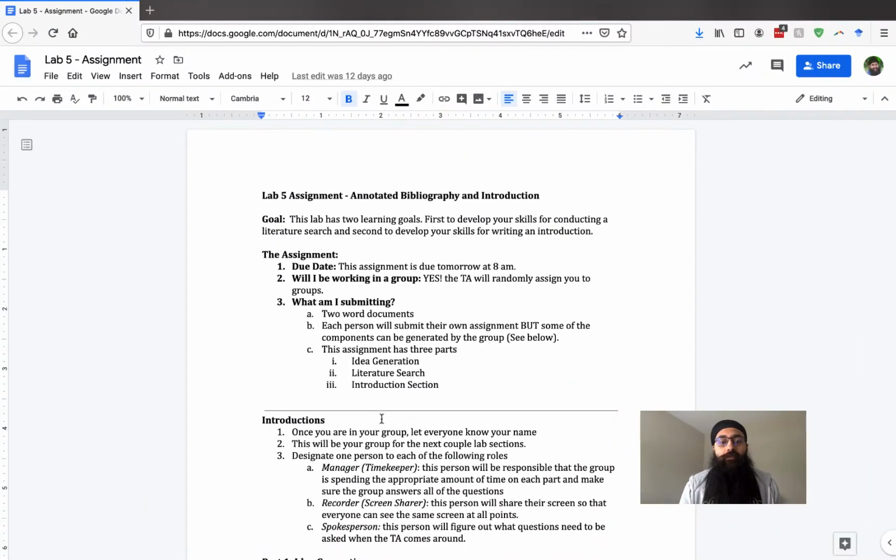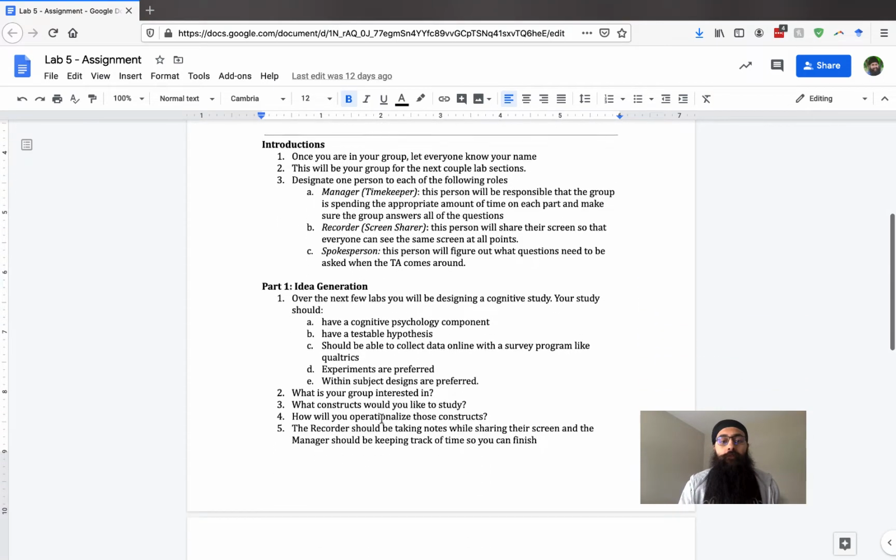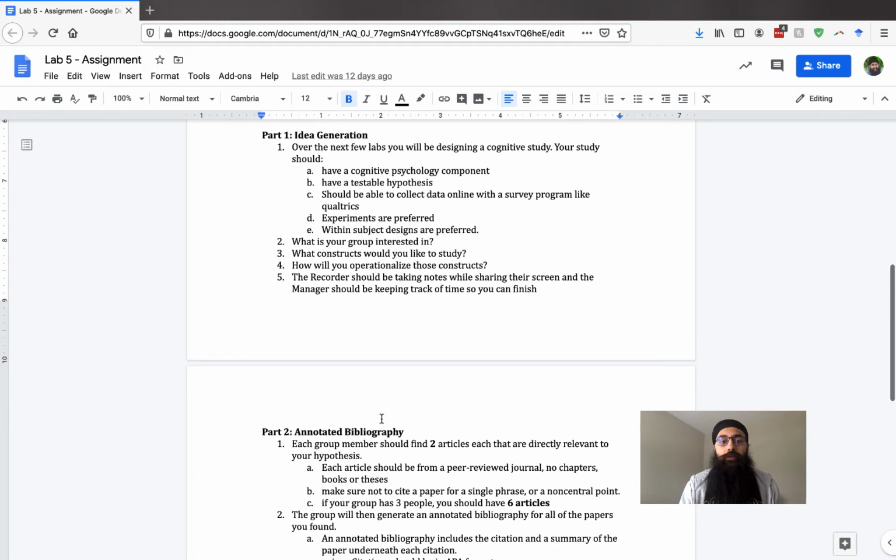Here we have the Lab 5 assignment, where we again have the goal, the assignment, and the instructions. The first part of this assignment is idea generation, and we need to talk about the idea that you're going to think through for this lab. Your study should have a cognitive psychology component, so it should test something to do with cognitive psychology.